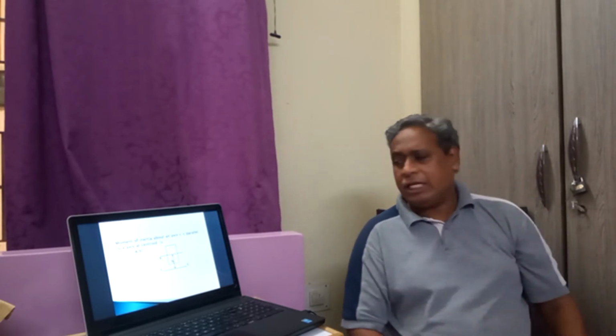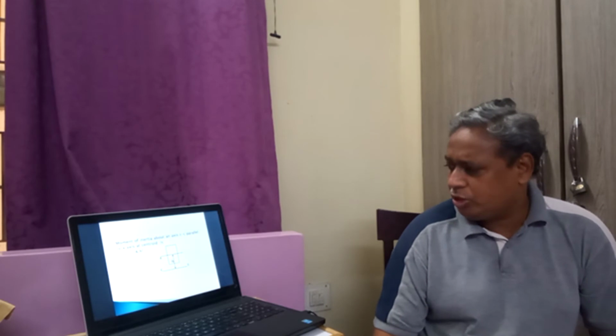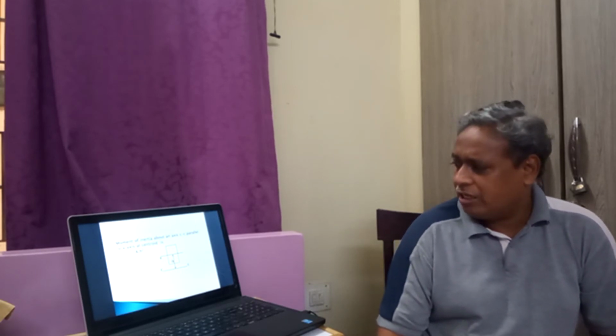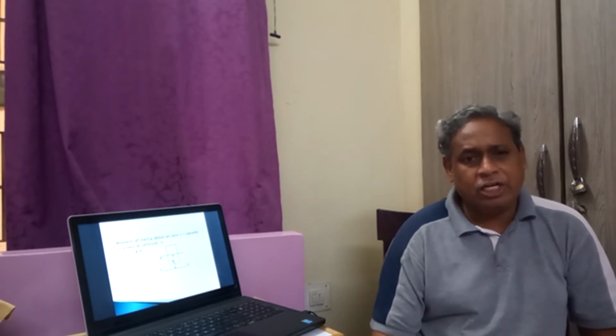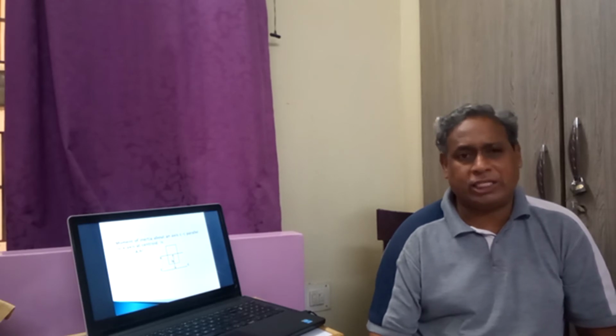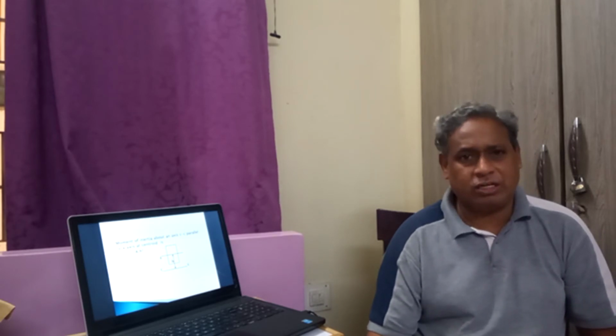So we can say ICC, the moment of inertia at this new axis, is equal to the moment of inertia at the original centroidal axis plus the area of the figure into the distance between those two axes, that is h. That is why we get ICC is equal to IXX plus Ah square.